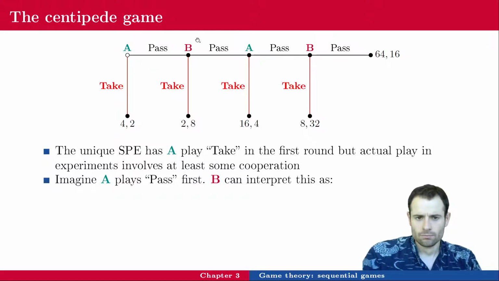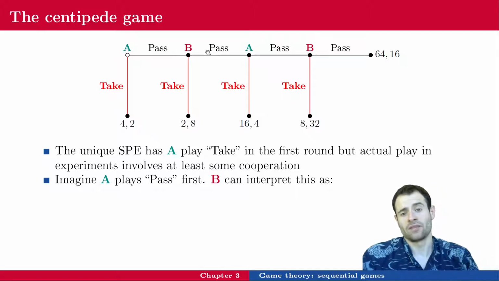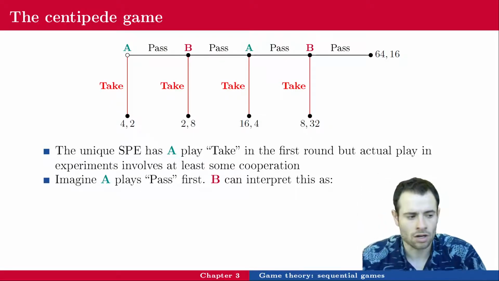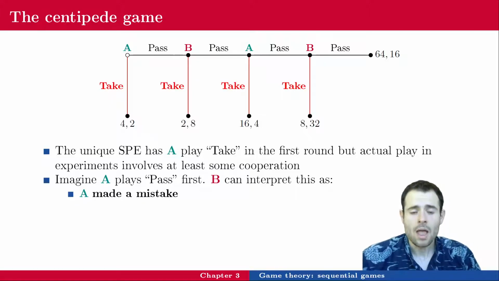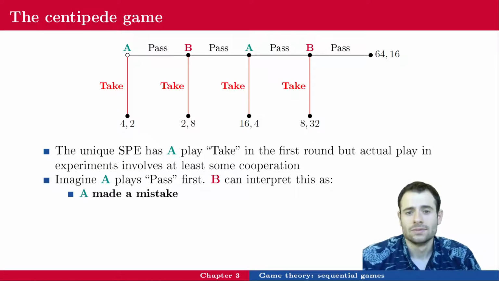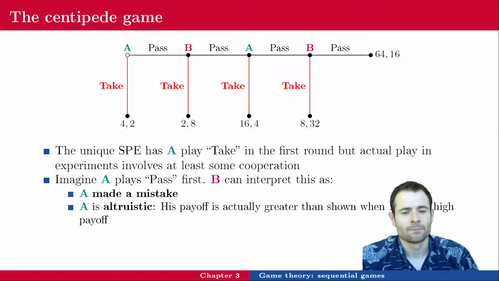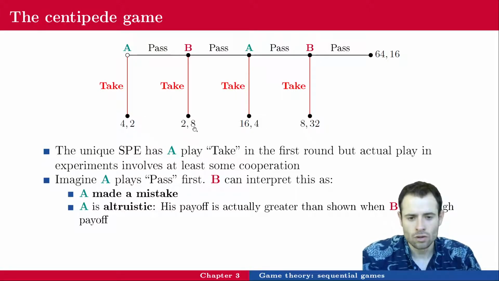So B could imagine a couple of things. And I haven't listed all of them here, but here are some. Maybe A made a mistake. He clicked on the wrong button. Maybe A is altruistic. His utility is actually higher than 2 when the payoff of B is higher.